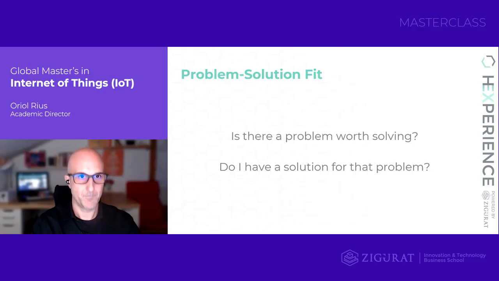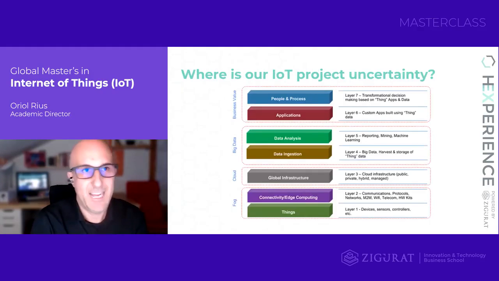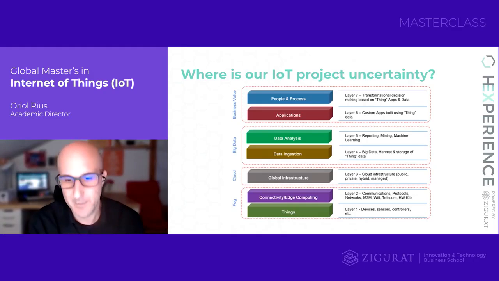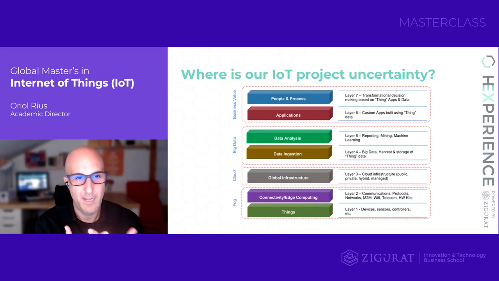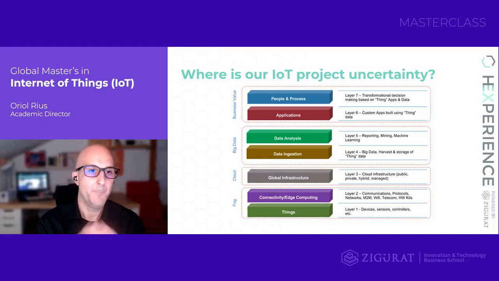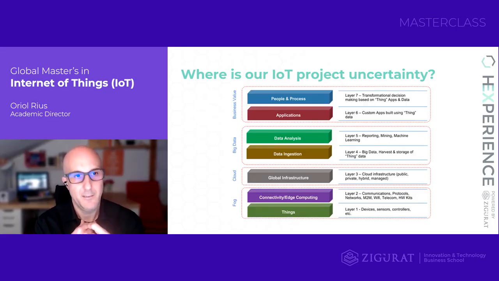Okay, and what is our IoT project uncertainty? In this slide, we have the different layers, the stack of whatever IoT project. And the question is, in that stack, where are the uncertainties? And the uncertainties are everywhere, in each layer.